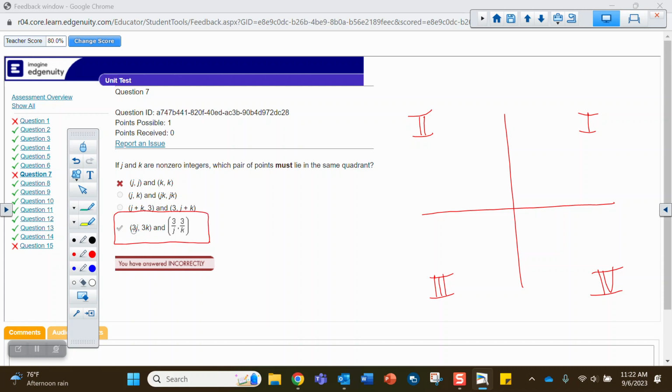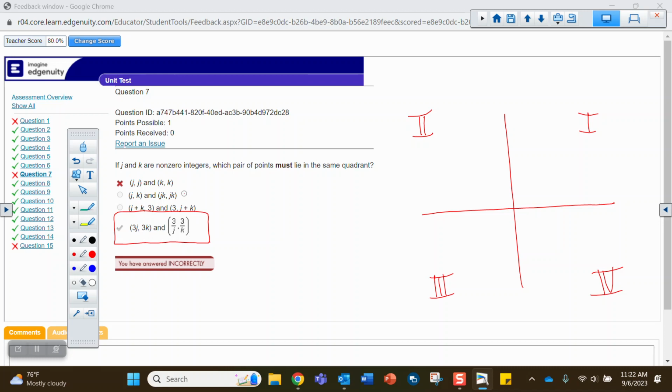So if J is positive here and we multiply it by 3, or we take 3 and divide it by J, you're still going to have a positive number. Same with K, if we multiply it by 3 or divide 3 by K, you're still going to have the same sign, because that's really what this is about, which option are my signs not going to change, and that's that multiplication and division.